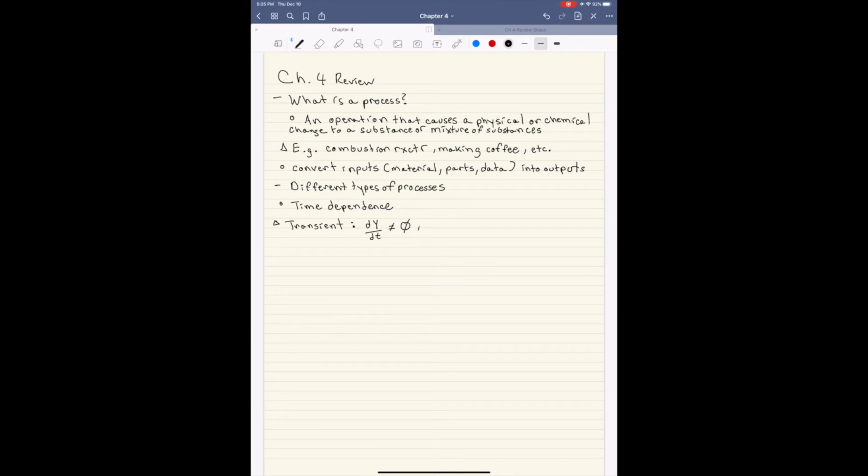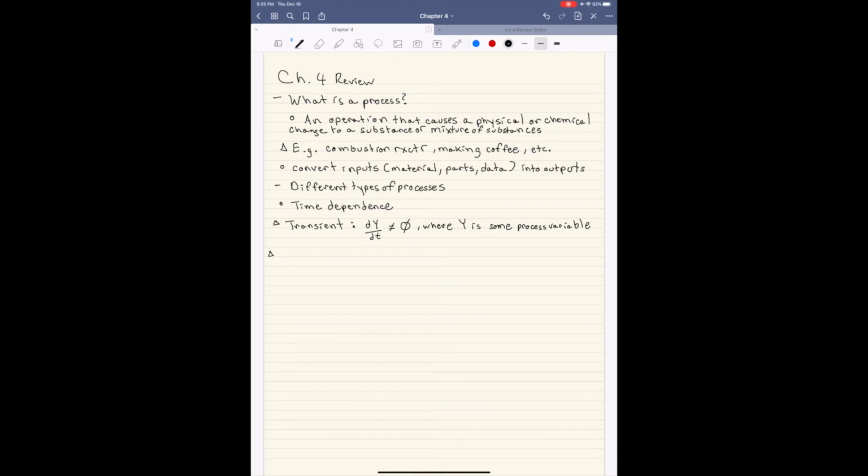All right? And so y here is just some process variable. It could be mass, could be moles, could be temperature, or even amounts of data, right? Regardless of what it is, in a transient process, the value of y would not be constant over time.